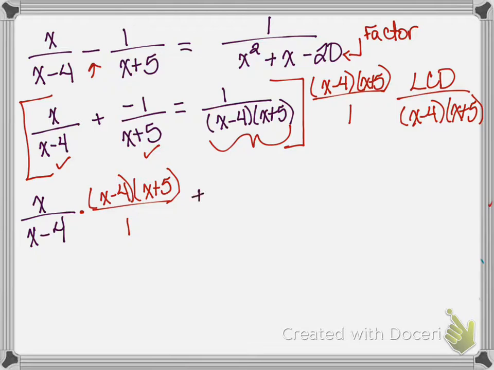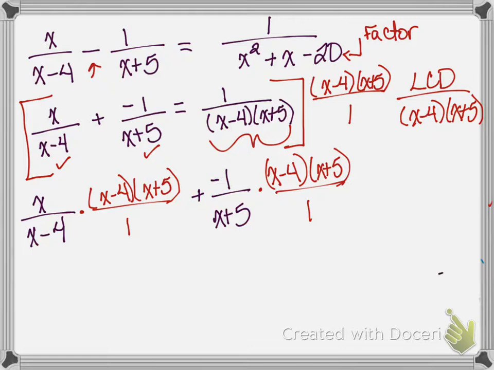Plus negative 1 over x plus 5 times x minus 4, x plus 5. Equals 1 over x minus 4 times x plus 5. And that is times our LCD of x minus 4, x plus 5.